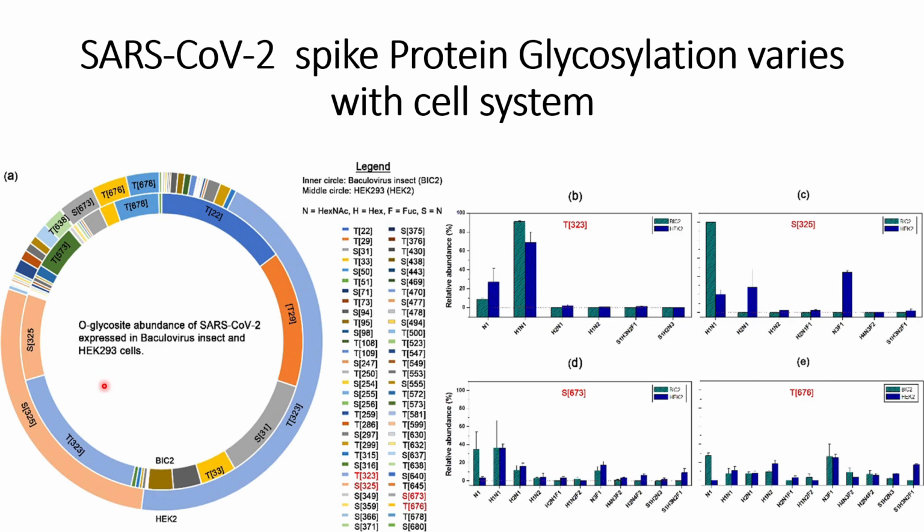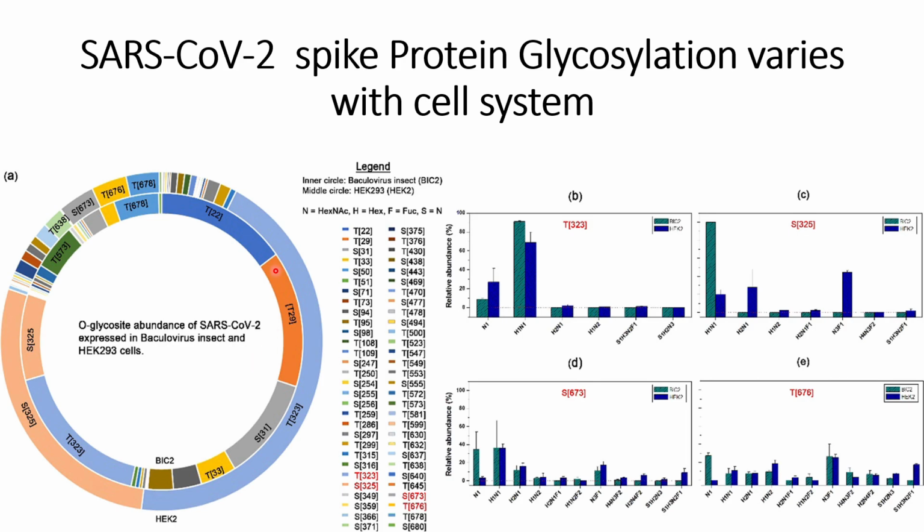This is the circular figure in which the major O-glycosylation sites are shown, and from the legend we can understand that the inner circle represents the O-glycan sites found in the BIC2 cell system expressed spike protein, and the outer or middle circle contains the O-glycan sites found in the spike protein expressed from the HEK293 cell system.